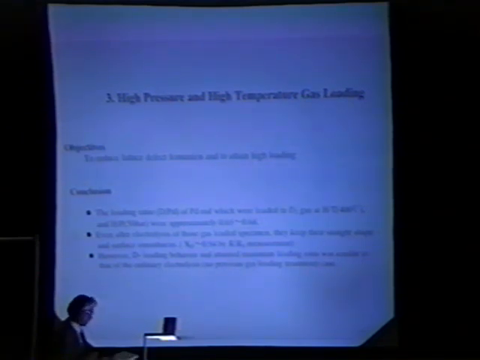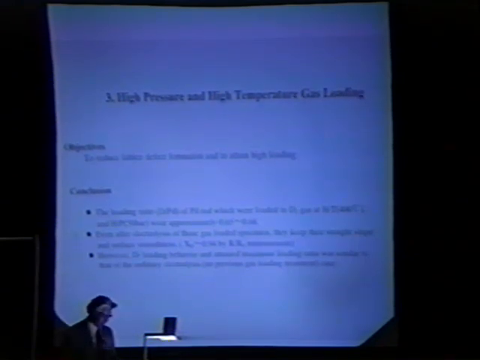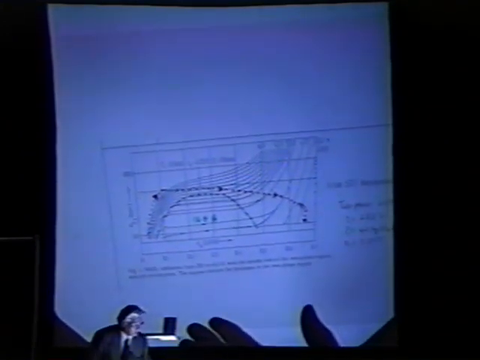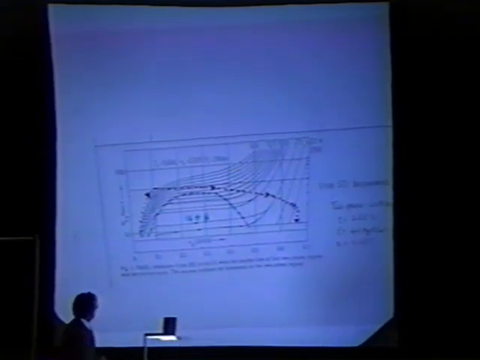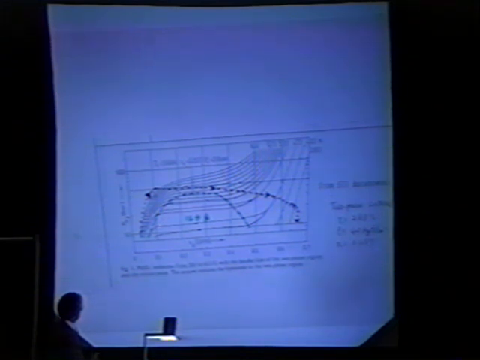This method was originally proposed by Iwamura of NAS. By this method, this figure shows the Palladium-D phase diagram. This region is the alpha plus beta region.